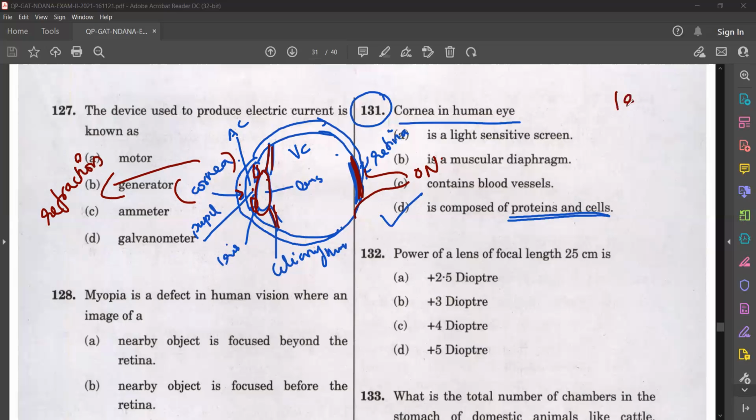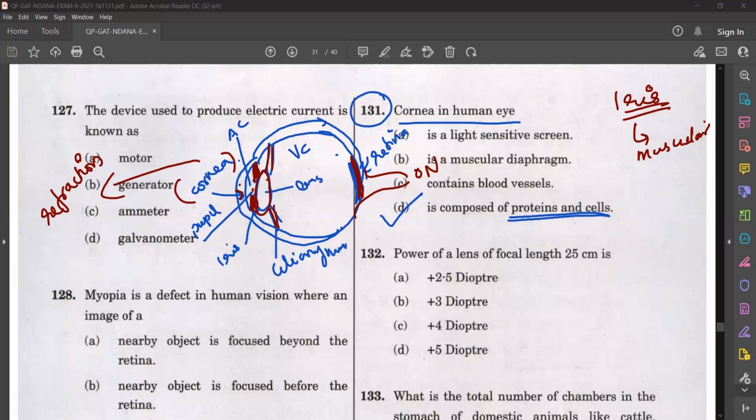Now, when we come to the iris, this is the iris, isn't it? The iris is a muscular diaphragm, or muscular structure. The color of the iris will be different for different people.